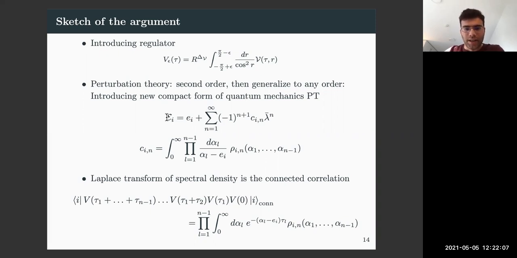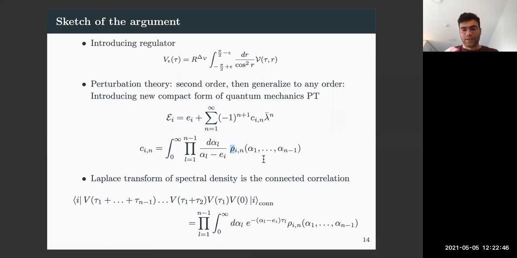In the notation I'm using, the small e_i is the unperturbed spectrum, and we change it with lambda bar, and the c_i^n are the coefficients of this perturbation theory. We introduce this spectral density rho, and the perturbation theory coefficients will be integrals over this spectral density. This is the quantum mechanics perturbation theory in a compact form that we introduce.